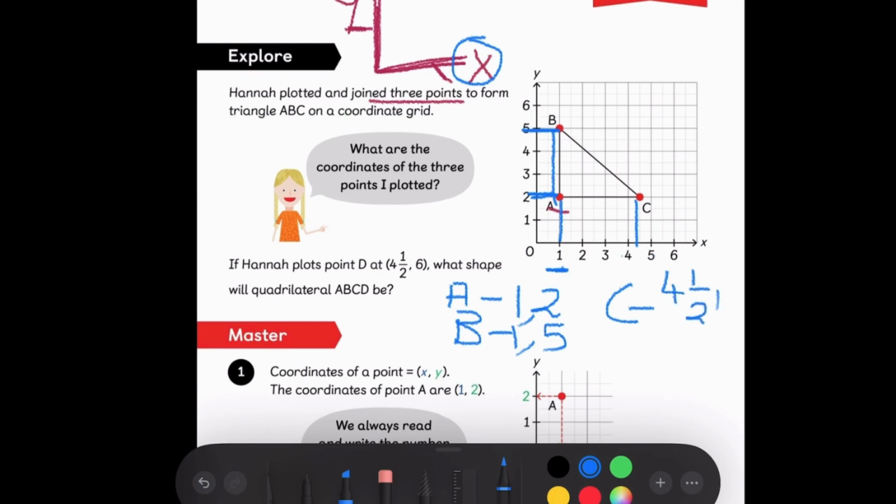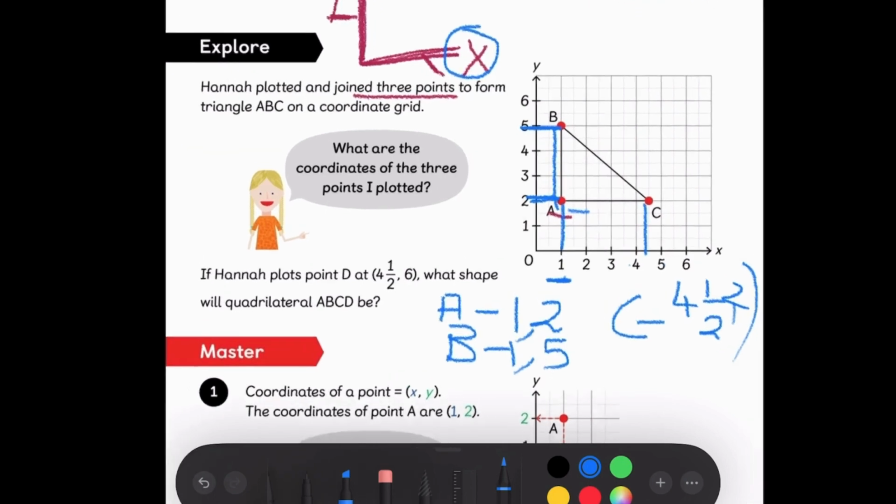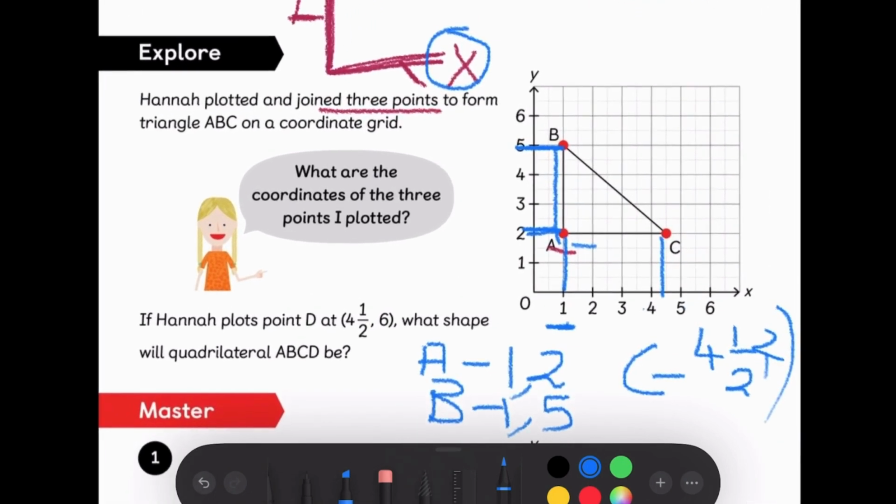I repeat again, if you see my A, x-axis is what I will start with. And therefore my x-axis is at 1, it's always starting at x-axis, and y is finishing at 2, hence 1, 2. My B, again, it's starting at 1, but it ends at 5.